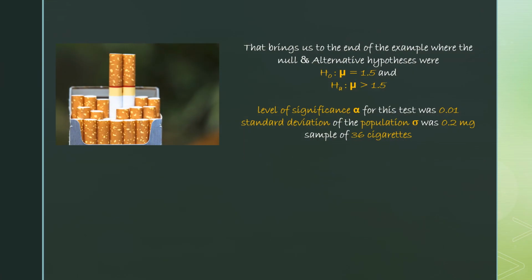That brings us to the end of the example where the null and the alternative hypothesis were H0, that is mu equals 1.5, and HA, that is mu is greater than 1.5. Level of significance alpha for this test was 0.01. Standard deviation of the population sigma was 0.2 mg, and a sample of 36 cigarettes was considered.